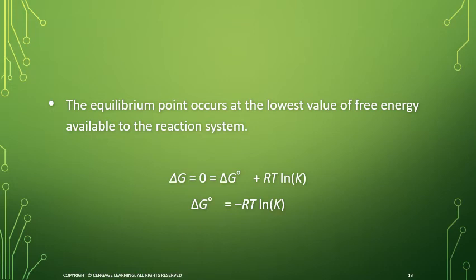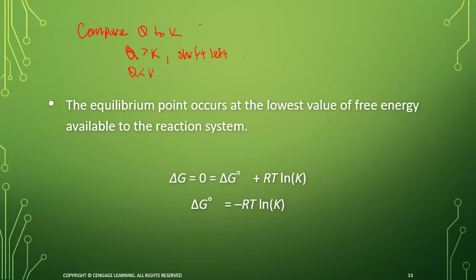Well, what if we need to predict the direction that the reaction is going to move to establish equilibrium? If you remember back in our equilibrium unit, to predict the direction of the reaction, we would compare the value for Q to K. And so we said that if our Q value was greater than K, then I had too much of the product compared to the reactants, and so I know that the reaction would shift to the left.